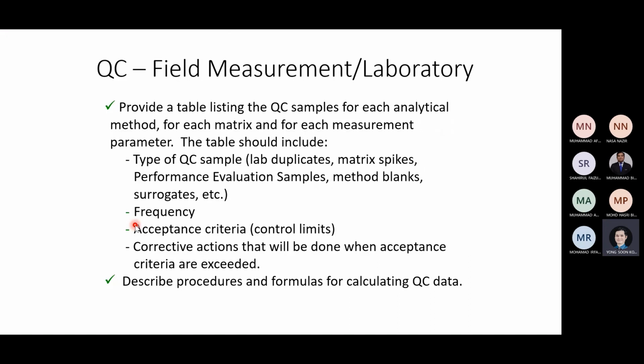Another type of QC is the lab QC, or field measurement. This one usually involves the use of an instrument to measure the parameters directly. So you will have the same things as the QC samples earlier: frequency, acceptance criteria, and corrective measures. But this one involves one more thing. While earlier you don't have an instrument, here you may have.